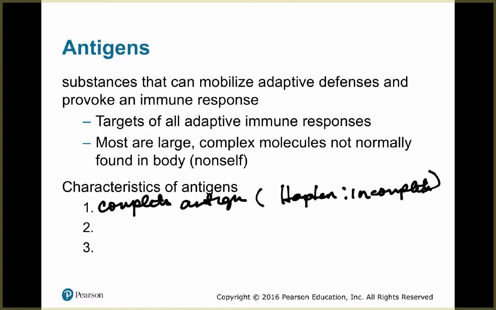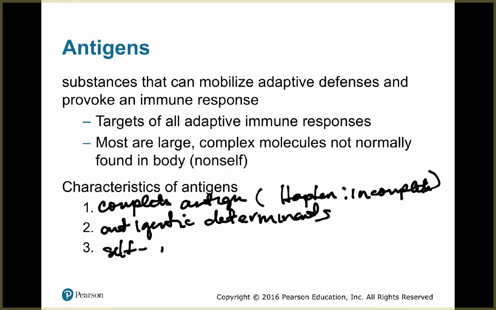They can contain antigenic determinants and can be self-antigens. So we're going to talk about each one of these in terms of what they are and how they are involved in this response, the adaptive response.